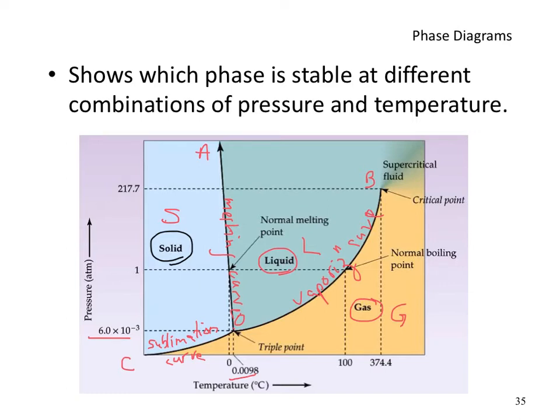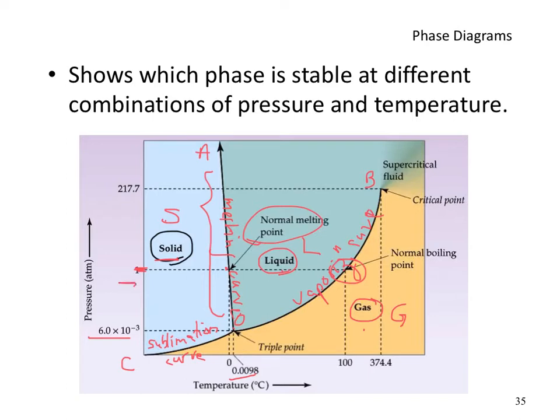I also want to make a point here that there are many melting points along this OA curve, but at a specific pressure of 1 atmosphere, the melting point that you see is going to be referred to as the normal melting point. And if you extrapolate that 1 atmosphere all the way to the boiling point curve, essentially that point is going to be the normal boiling point. So again, each area signifies the specific phases, whereas the lines are the curves, which is where the phase change is occurring.